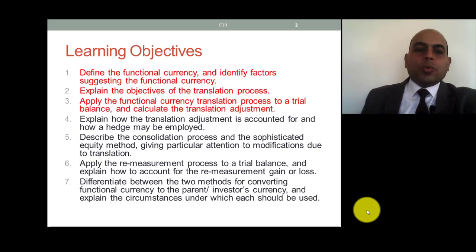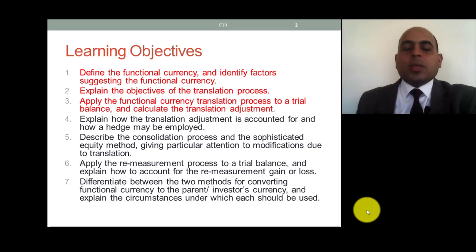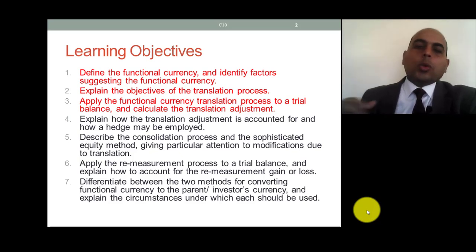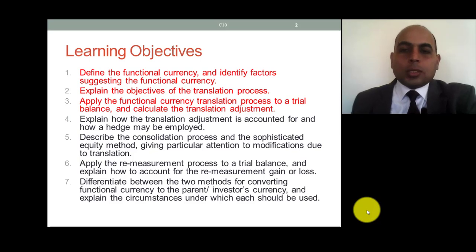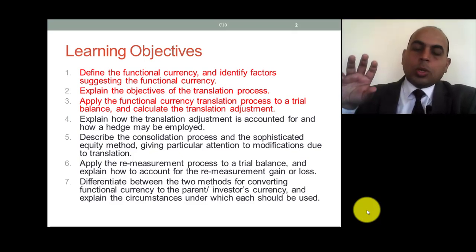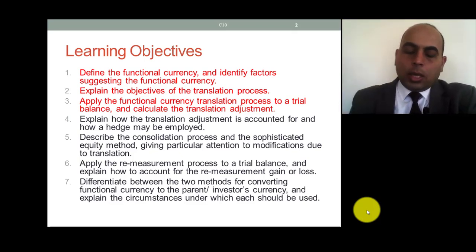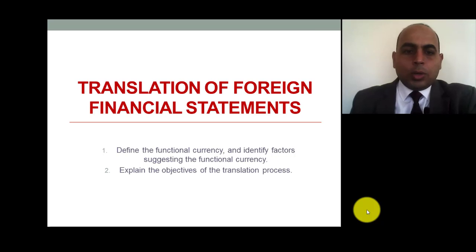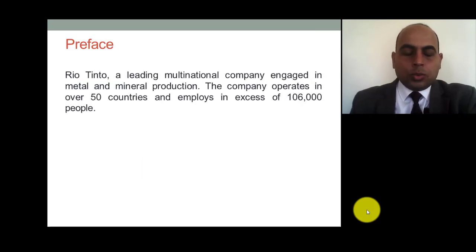And then we will move to discuss the objective of the translation process, why we need to translate the financial statement, and then we will move to discuss the functional currency translation process to trial balance and calculate the translation adjustment. How do we calculate the adjustment? Now let us start with the first two objectives.